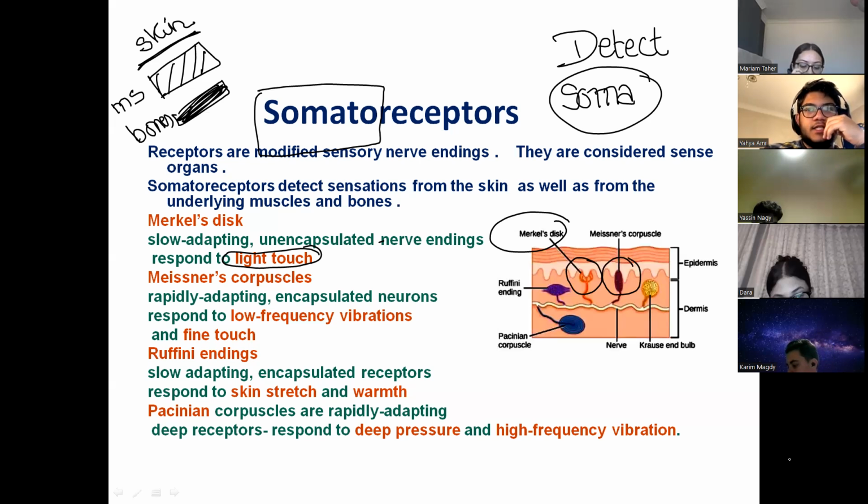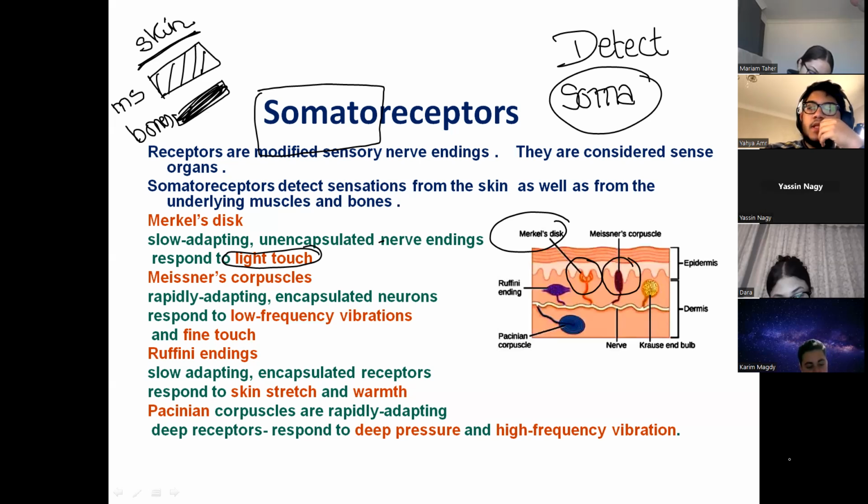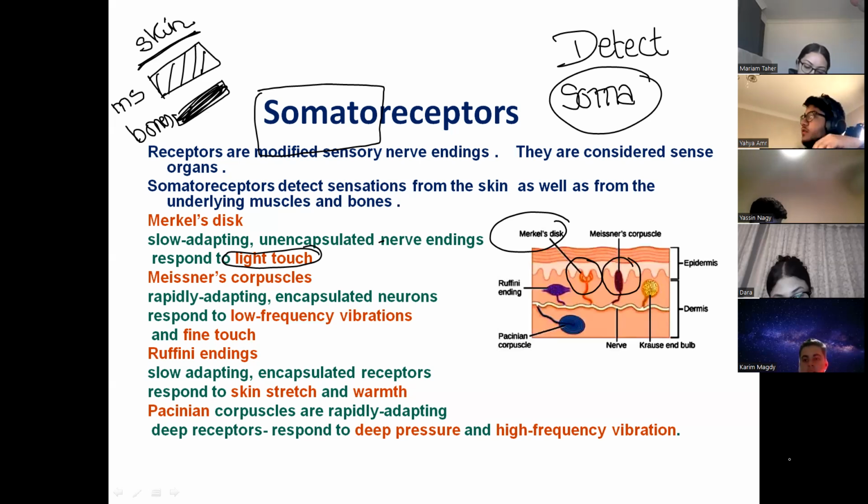I feel that since they're closer to the skin, they're mechanical. They are definitely mechanoreceptors because they detect touch and vibration. Meissner's corpuscle detects vibration, so definitely mechanoreceptors, because stimulation of these receptors depends on deformity of the cell membrane of the receptor. So if I ever ask you about the difference between Merkel and Meissner's, the difference is only in encapsulation.